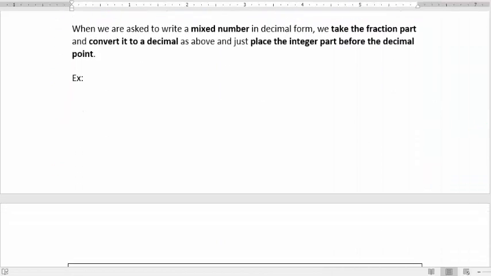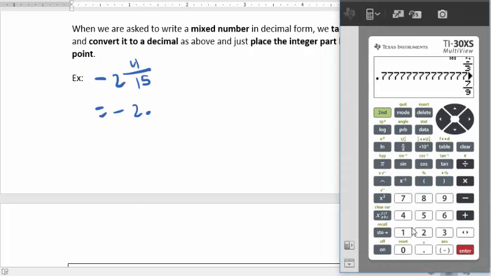All right, and then with a mixed number, what you can do is say, well, what if I have -2 and 4/15? I know this is going to be -2 point something. So just take the fraction part only, which is 4/15, and divide that, and then it's 0.26 repeating, right?